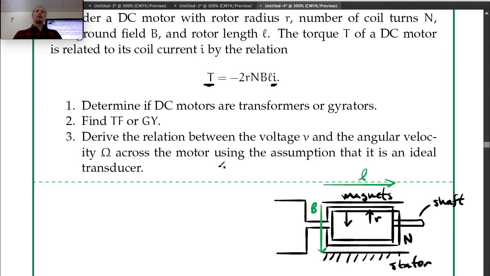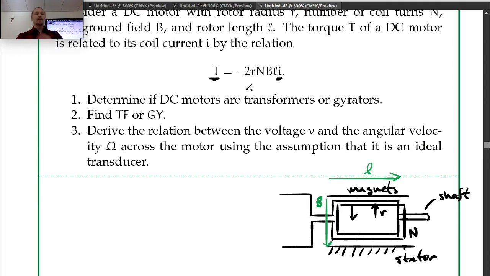So I give you this, and this is something you can derive from a simple physical model of a motor, just like we drew. We want to determine first if DC motors are transformers or gyrators. Then we'll find the transformer ratio or the gyrator modulus.